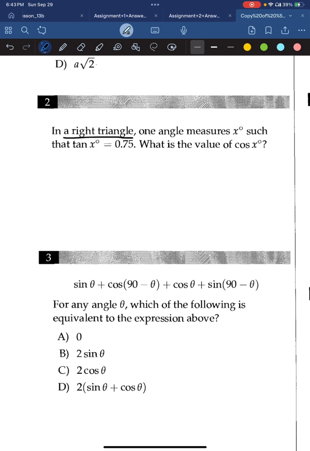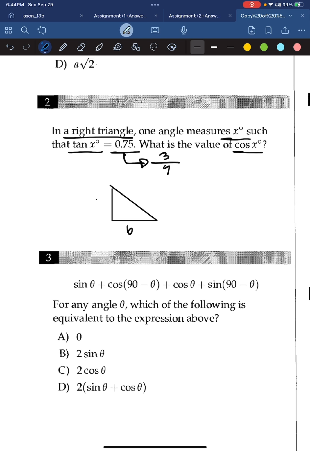In a right triangle, one angle is x degrees such that tan theta is equal to 0.75. What's 0.75? 0.75 is 3 over 4. We have to find the cosine of x. So let's draw a triangle.